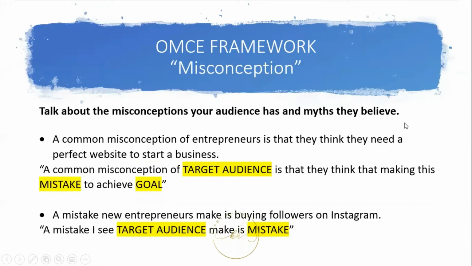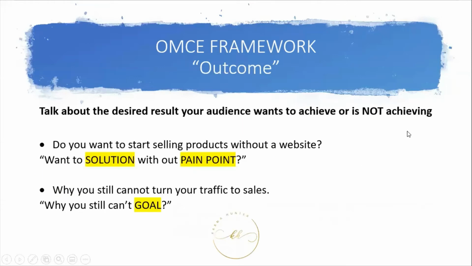So if we look at the beginning of the OMCE framework, we're going to piece together one of each step. So look at the first example of the outcome, and then we're going to piece it together with the misconception and the cost. So here's how it sounds. Do you want to start selling products without a website?